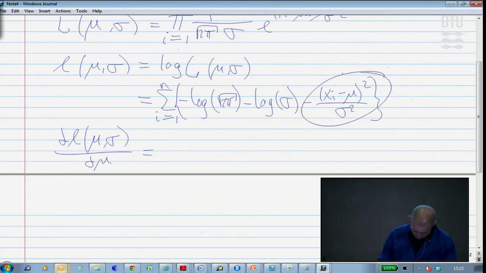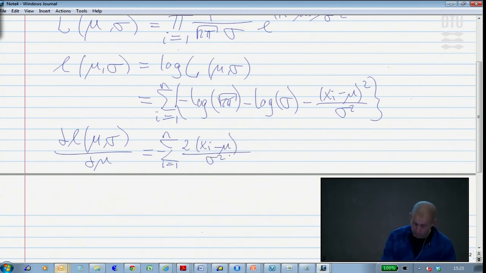Only this term depends on mu. So I take the derivative here, and I maintain the sum. I put the minus there, sum from i up to n. Then I take the derivative. That then becomes 2 times xi minus mu divided by sigma squared. That's the derivative with respect to mu.